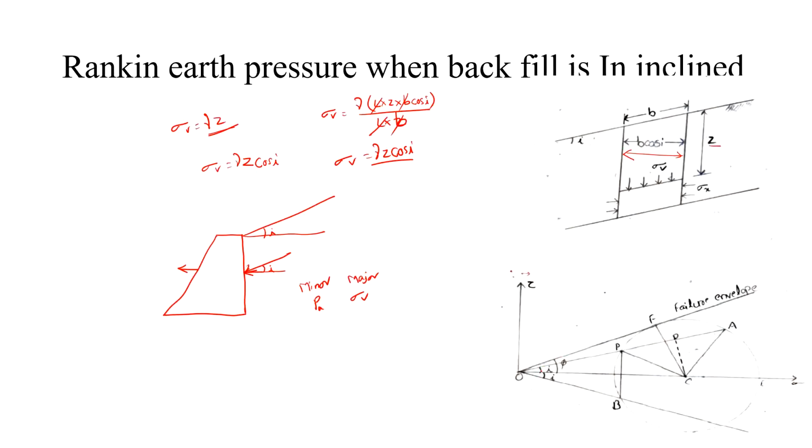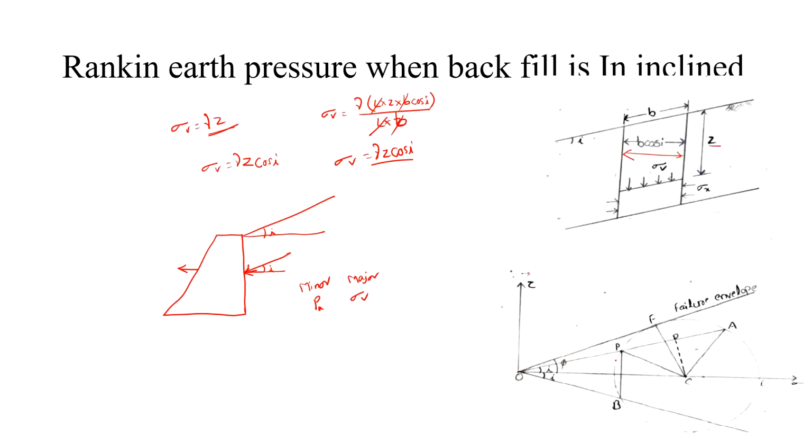So here we have to develop one plane. It is inclined at i angle. So our backfill is inclined with an i angle, so with the inclination of the backfill, we have to develop one plane.